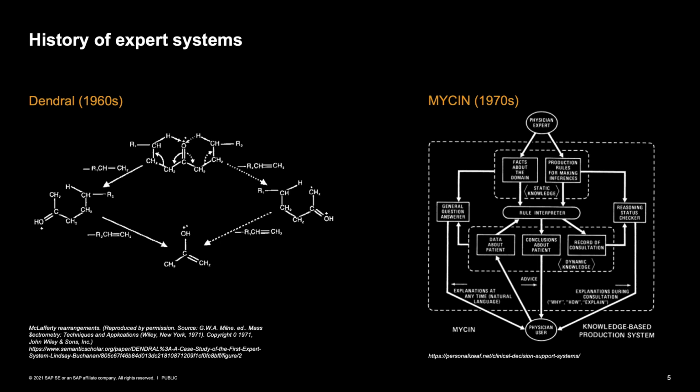MYCIN consisted of about 600 rules. In the 1980s and 90s, the much wider usage of computers led to an increased usage of expert systems, which have been refined by using fuzzy logic, Bayesian networks, and neural networks.